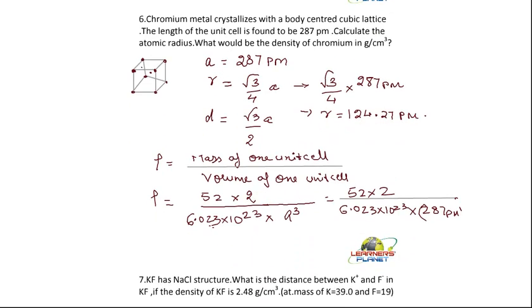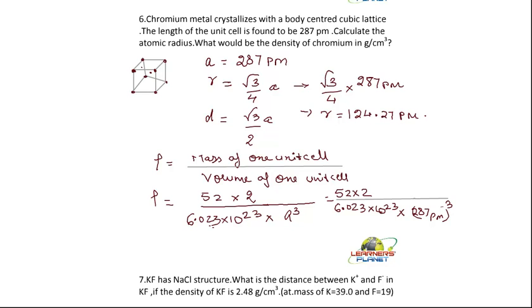So I'll write it properly so that it's clear now. 52 multiplied by 2 divided by 6.023 into 10 to the power 23 into a cube. a is 287 picometer, cubed.